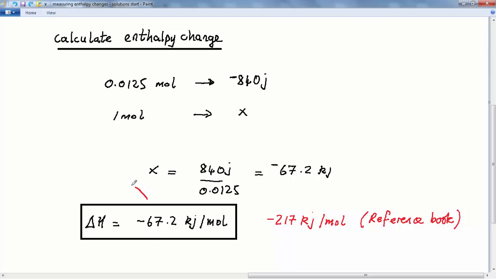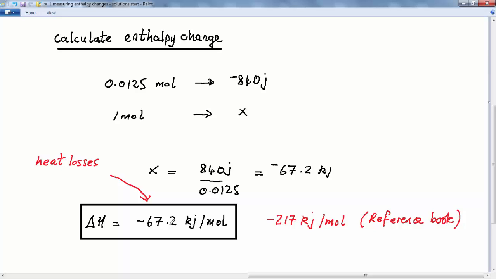So this lower figure here is due principally to heat losses from the apparatus. We really wanted to contain that heat within the polystyrene cup so that it all got converted into a temperature change in the water, but that didn't happen in reality. Quite a lot of that heat escaped from the cup, so that's the principal reason why our value for enthalpy change is a lot lower than it should be.